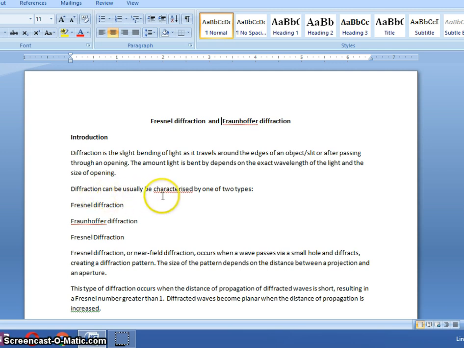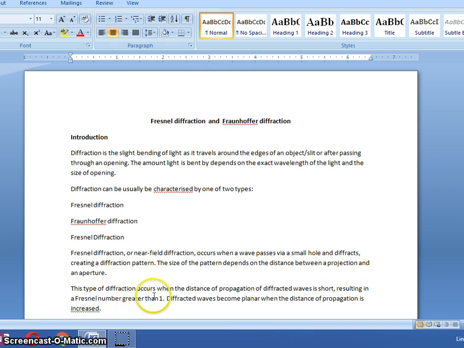Diffraction can usually be characterized by one of two types, Fresnel diffraction and Fraunhofer diffraction. Fresnel diffraction, or near-field diffraction, occurs when a wave passes via a small hole and diffracts, creating a diffraction pattern. The size of the pattern depends on the distance between a projection and an aperture.